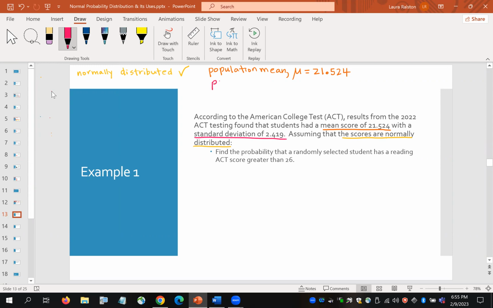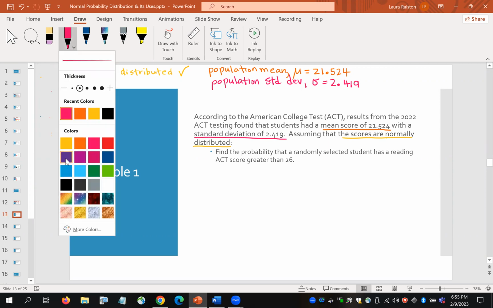So my population standard deviation is sigma, which is 2.419. So far, so good. I need one more thing.